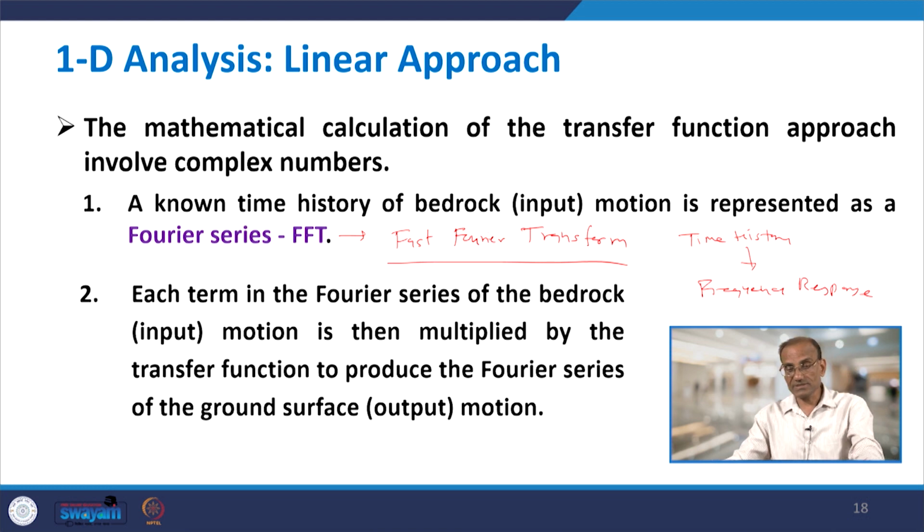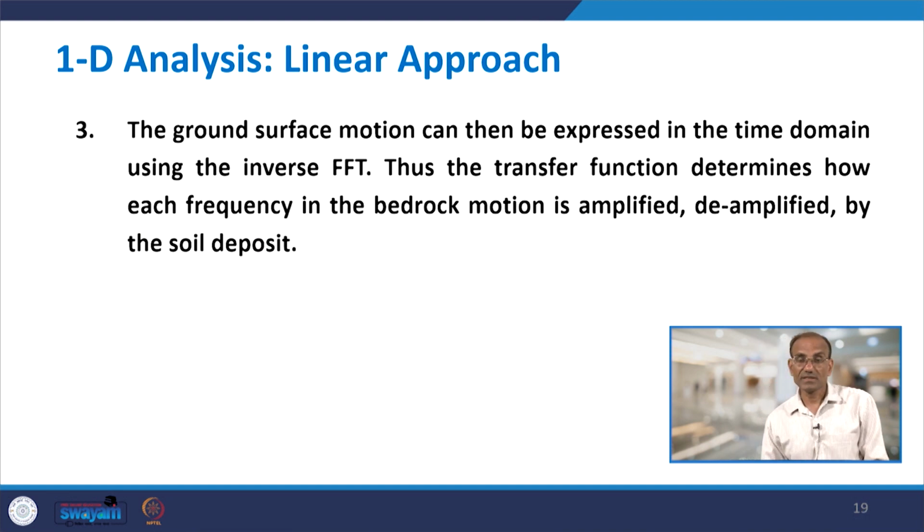Each term in the Fourier series of the bedrock motion is then multiplied by the transfer function to produce what is called the Fourier series of the ground surface or output motion. Once it is done, the ground surface motion can be expressed in the time domain again using the inverse FFT.